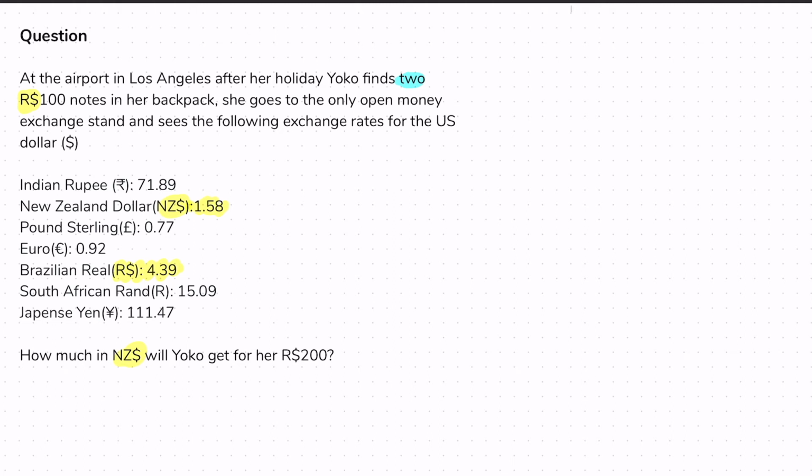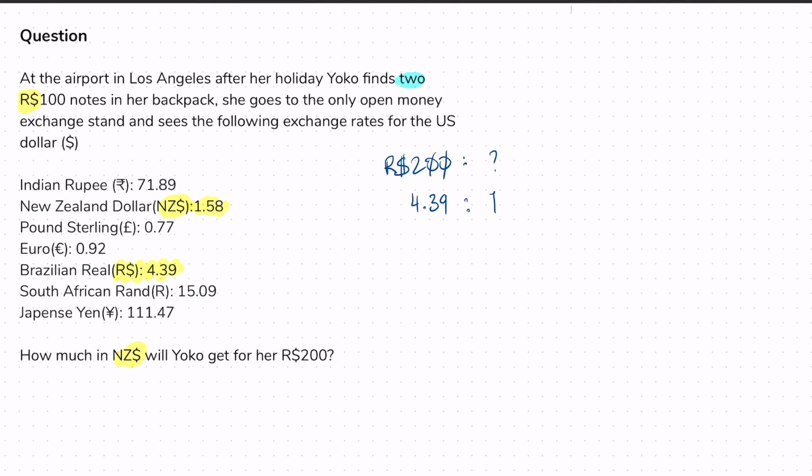So let's start off. So she currently has 200. And we're wondering how many dollars. Well, we know that 1 US dollar is worth 4.39 real.